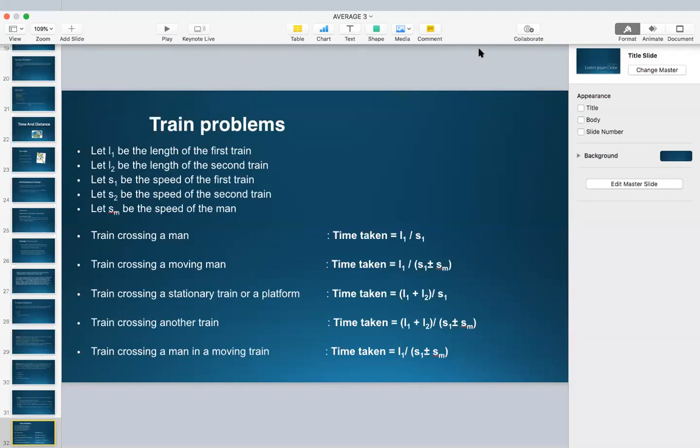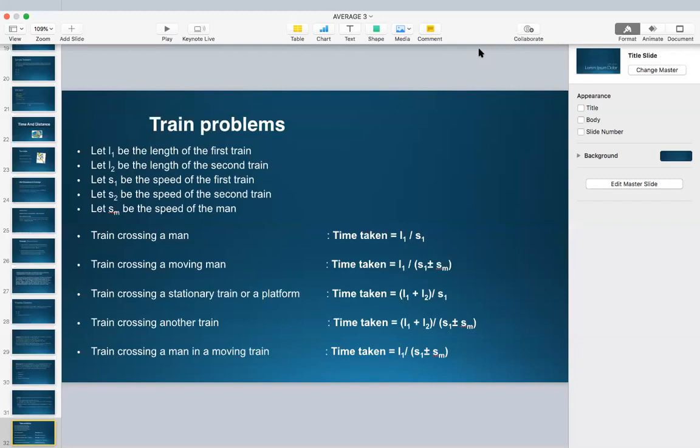Exactly. Now the length of the platform is quite large as compared to your length, right? Your length will be negligible as compared to the length of the platform. Yes or no?